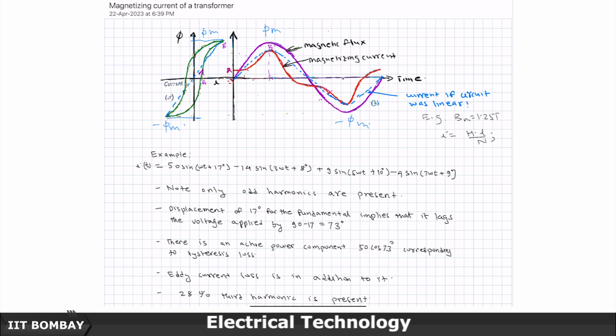If the flux starts reducing, what happens? Current is also going to reduce, which is fine, and when I come here, the flux is positive, but on the y axis current is 0.